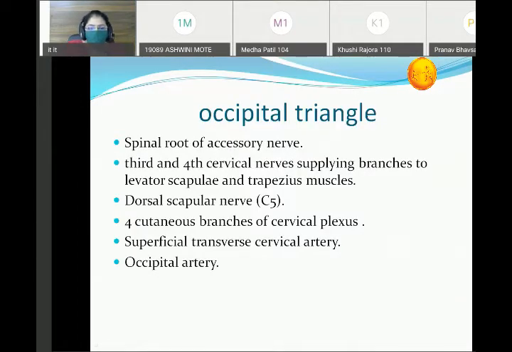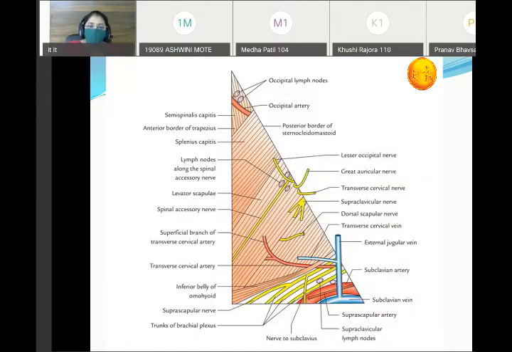Then superficial transverse cervical artery. So you can see here the superficial transverse cervical artery and the occipital artery. Here at the apex of the triangle you can see the occipital artery.